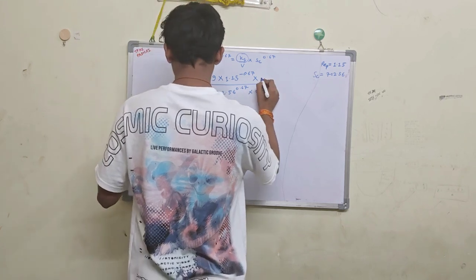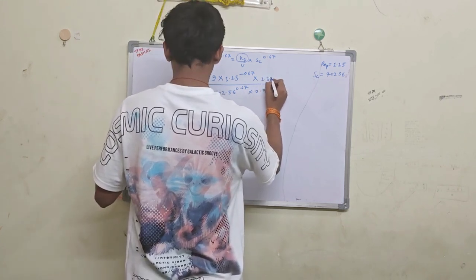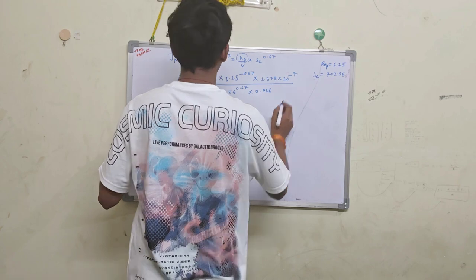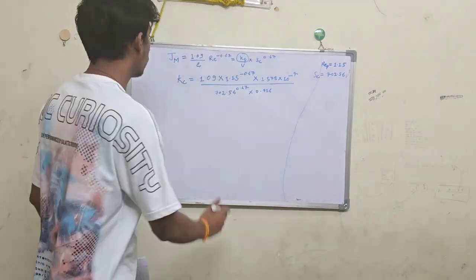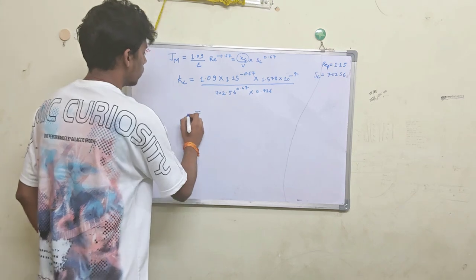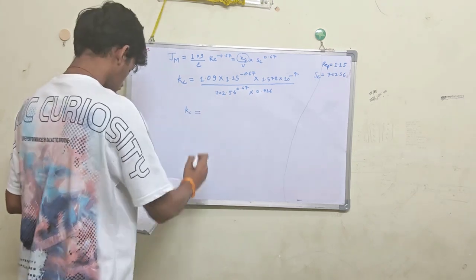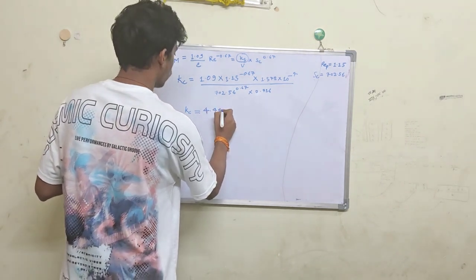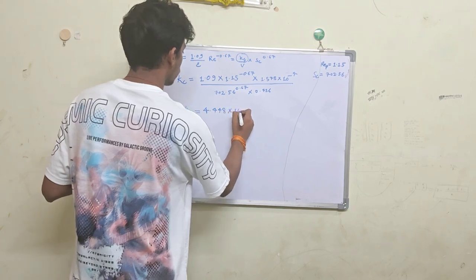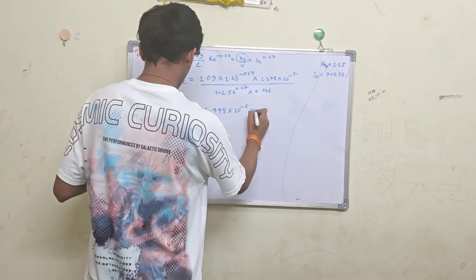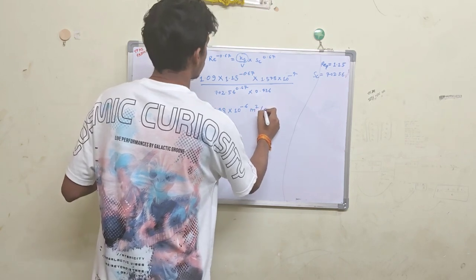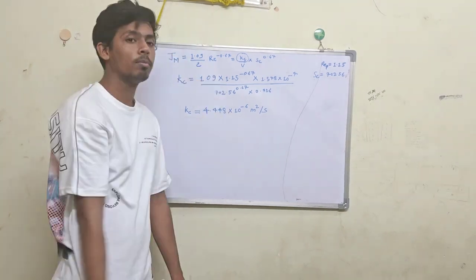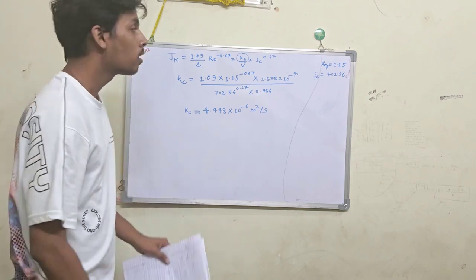Velocity was 1.578 into 10 to the power minus 4. Put all these values correctly into the calculator, you will get the value of Kc as 4.448 into 10 to the power minus 6 meters per second. This is the value of Kc that you should get, and if you are not getting this value, then probably there is a calculation mistake.